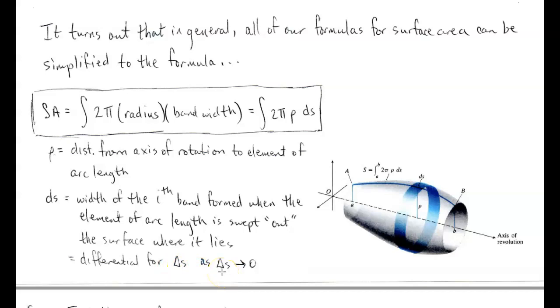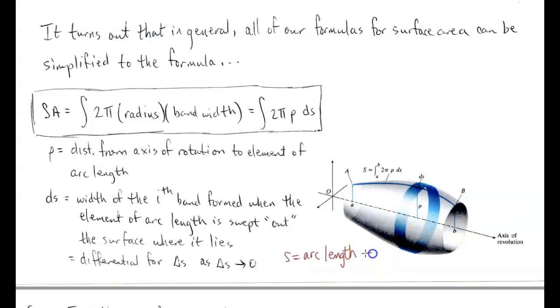And again, that ds just means the change in s as s approaches 0. Now you're probably wondering, what in the world is s? Well, if you recall from trigonometry or pre-calculus, s is the letter that they use to define the arc length, which is just a portion of the distance around a circle.